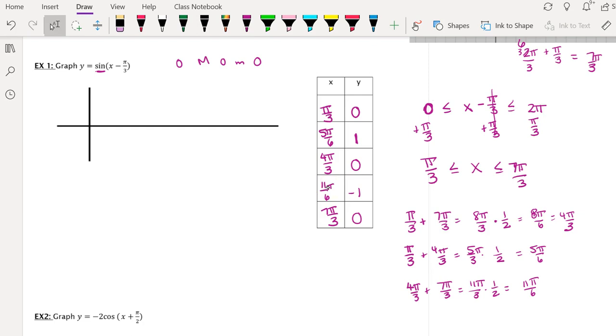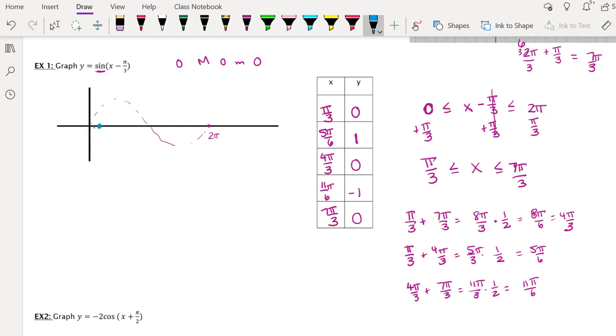Okay, I know that was kind of messy. But now here is my traditional start at 0, and usually it goes up and then down and then back here at 2 pi, right? That's what it normally looks like. But we need to shift our graph over a little bit. So instead of starting at 0, it's going to start at pi over 3.